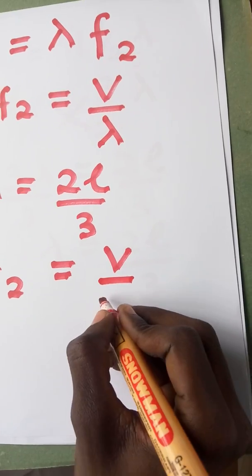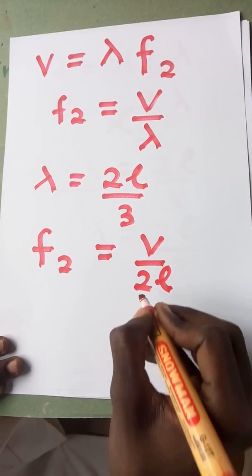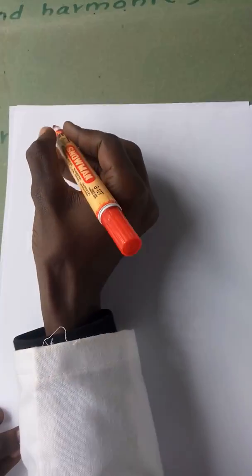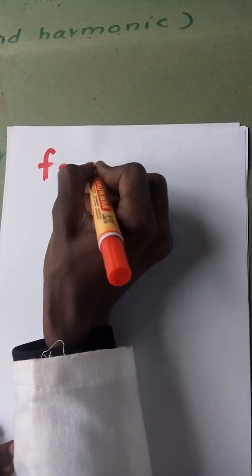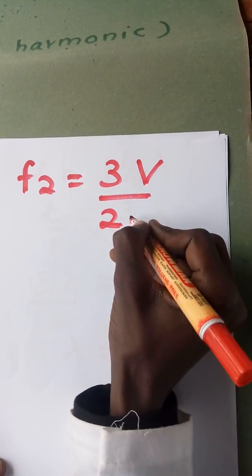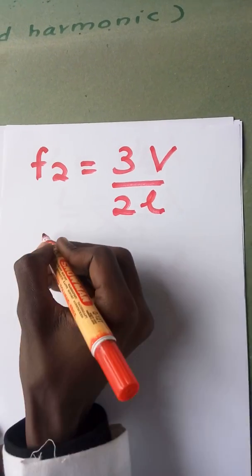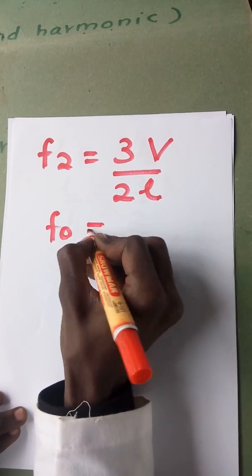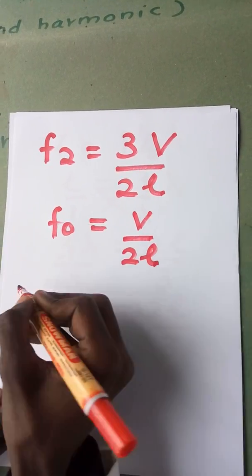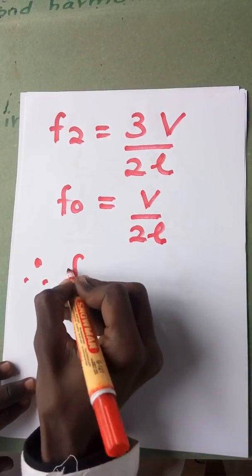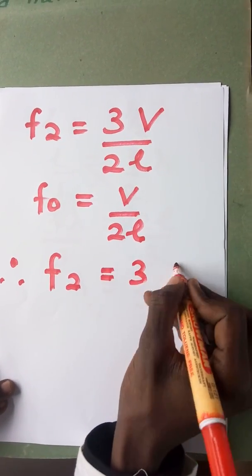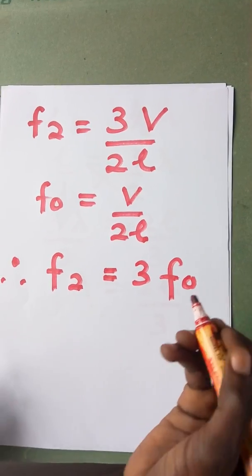The frequency of the second overtone is equal to 3 times velocity over 2 times length of the string. But fundamental frequency is equal to velocity over 2 times length of the string. Therefore, frequency of the second overtone is equal to 3 times fundamental frequency.